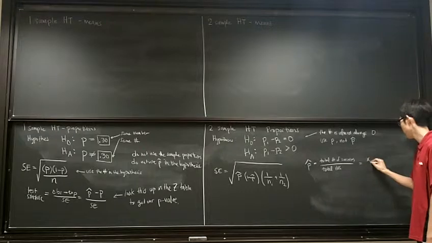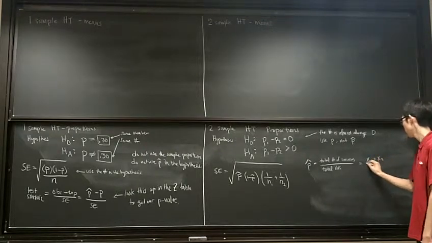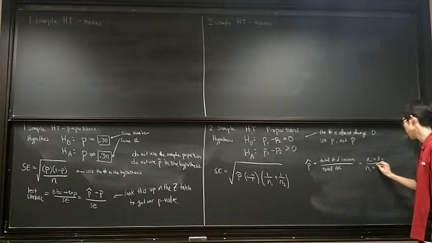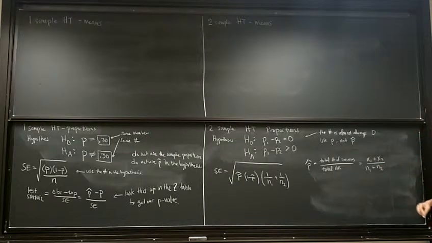So usually this is x1 plus x2 over the quantity n1 plus n2. This should look very familiar.